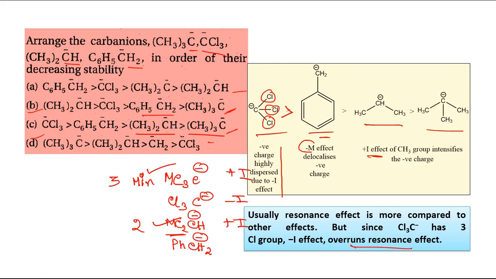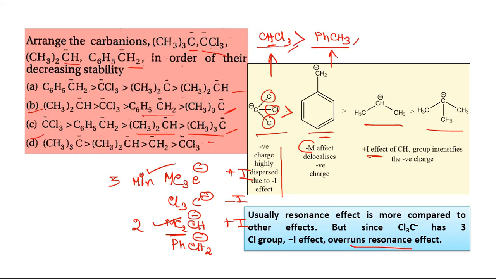Another point of view also, you can compare these two. Though we have already chosen our option, this is for the exact explanation, if we want to understand. The corresponding acid is CHCl3. Just add 1 proton, and in this case it is toluene, PhCH3. Now in these two, which one is more acidic? Obviously CHCl3 is more acidic. If you see the pKa value, toluene is basically a hydrocarbon, and here with this hydrogen we have 3 Cl groups, so obviously it will be more acidic.